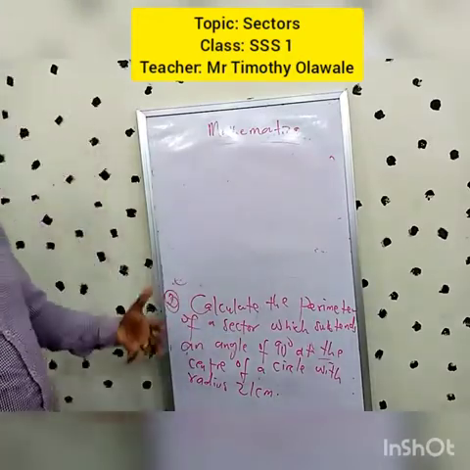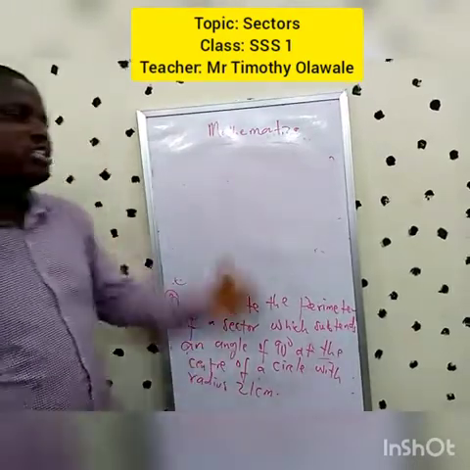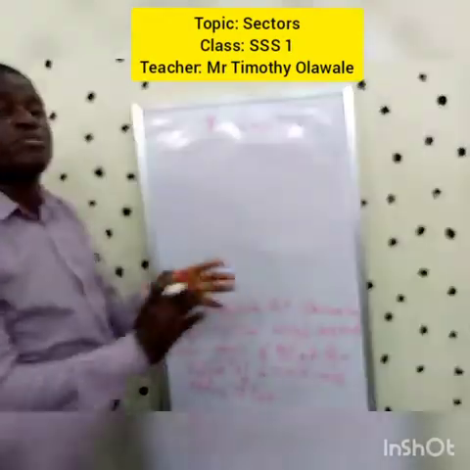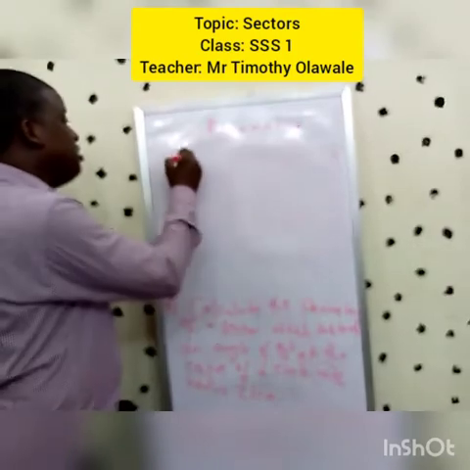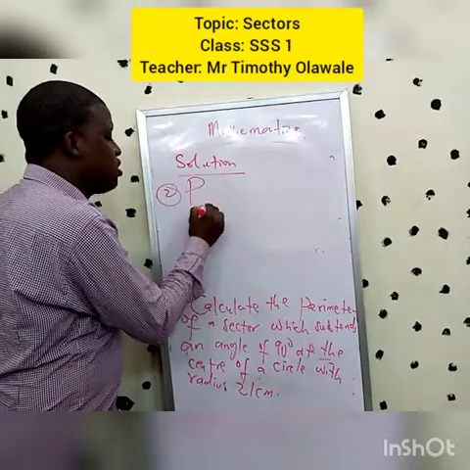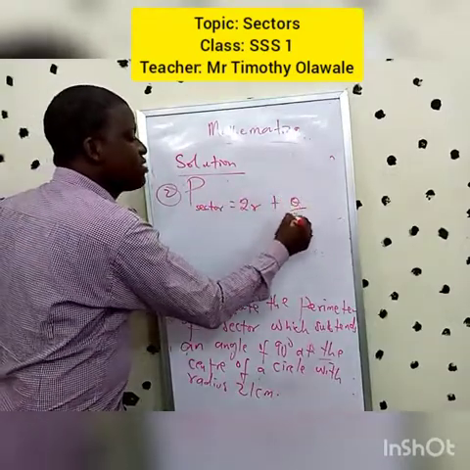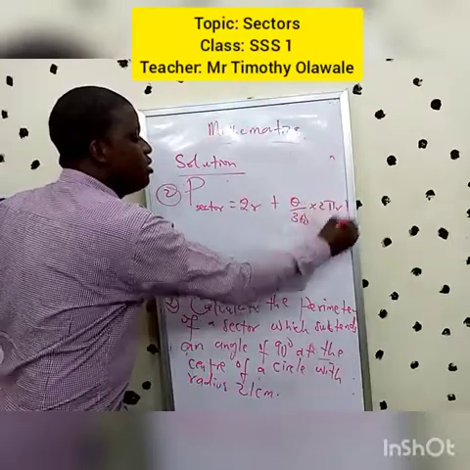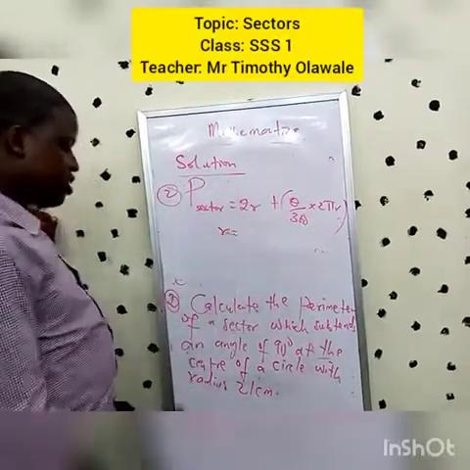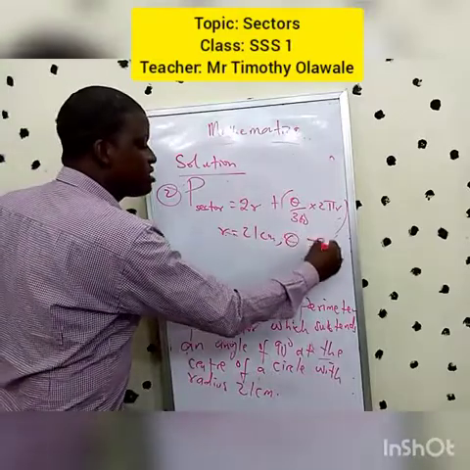Calculate the perimeter of a sector which subtends an angle of 90 degrees at the center of a circle with radius 21 centimeters. So now, what is the formula of finding perimeter of a sector? Solution number 2: perimeter of sector equals 2r plus theta over 360 times 2 pi r. In this case, our radius is 21 centimeters, and our angle theta is 90 degrees.